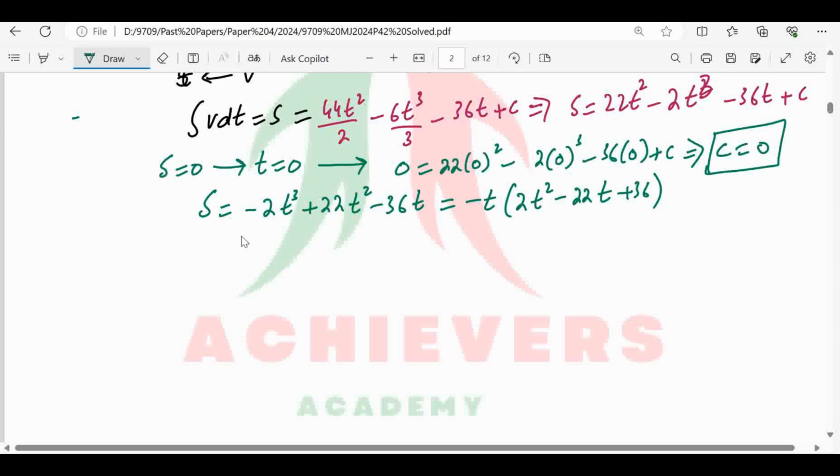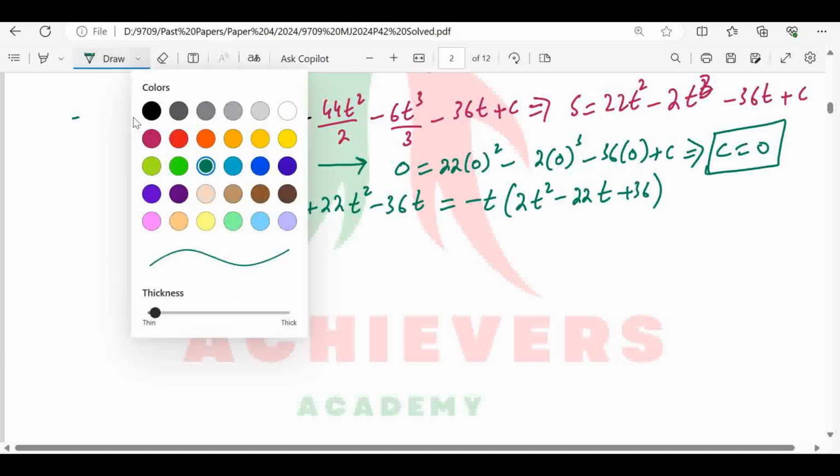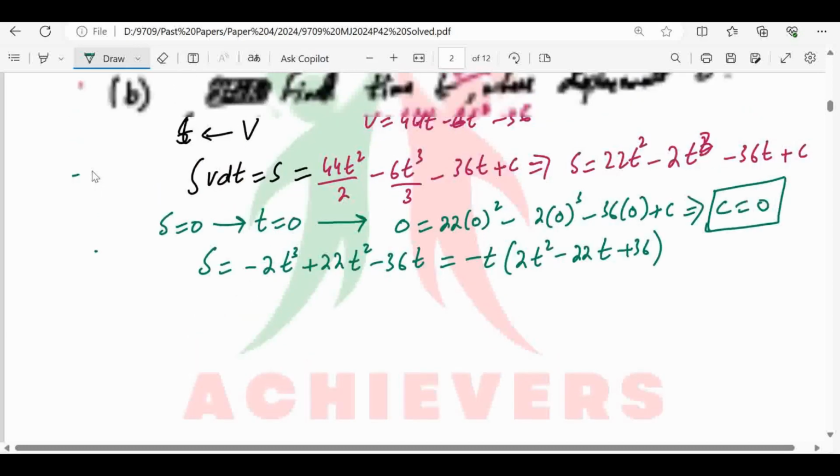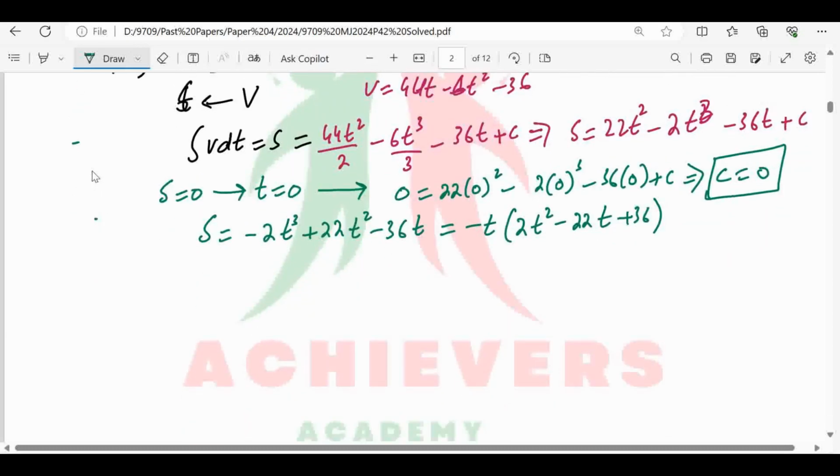So we know that to find out displacement, we have to find out the time where displacement is 0.